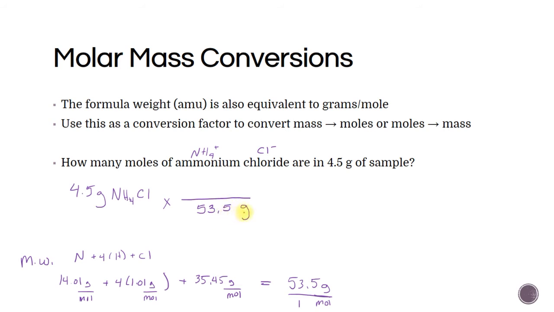They're married. We can't separate them. All right, the stuff on the top is just being flipped to the bottom, and the stuff on the bottom is going to become the top. This means that grams are on opposite sides, so I get to cancel them. What I'm going to enter in my calculator is 4.5 divided by 53.5 because this number here is on the bottom. I don't care about the 1 because it doesn't change anything mathematically.